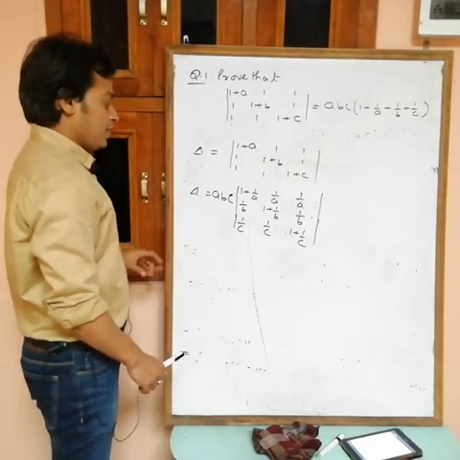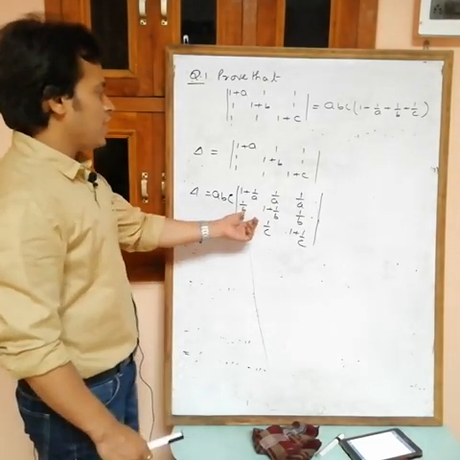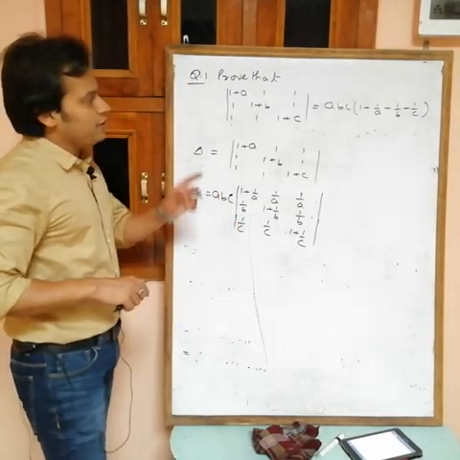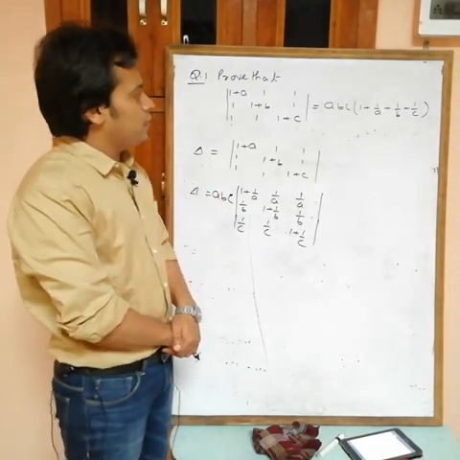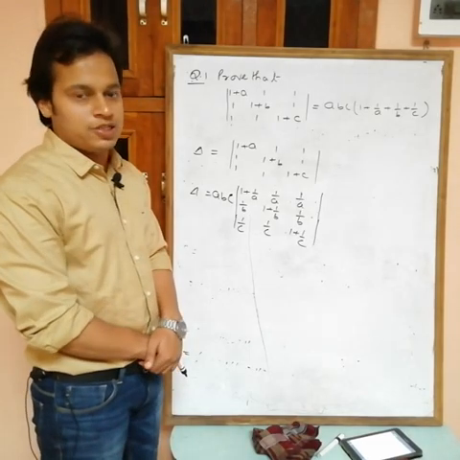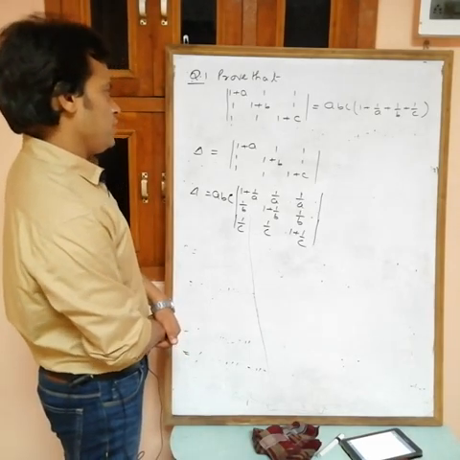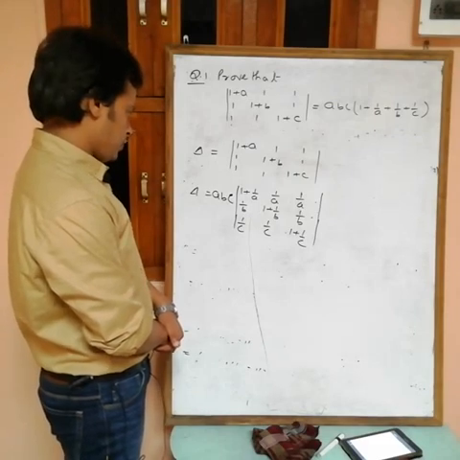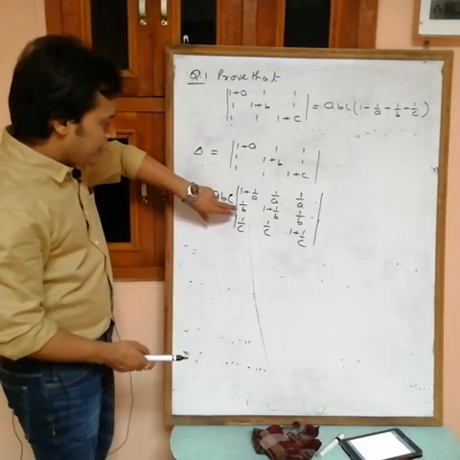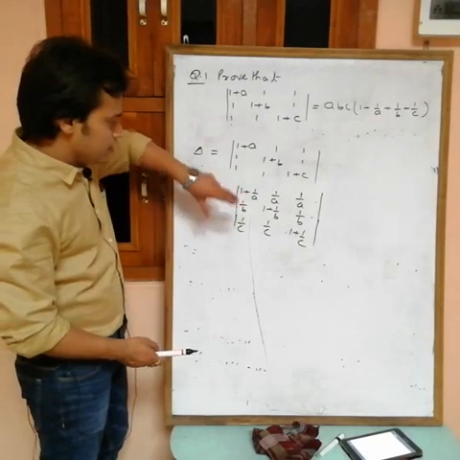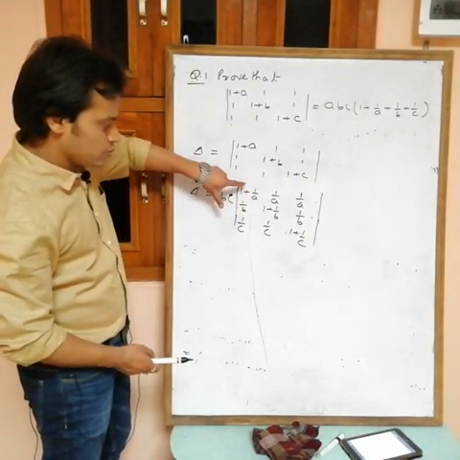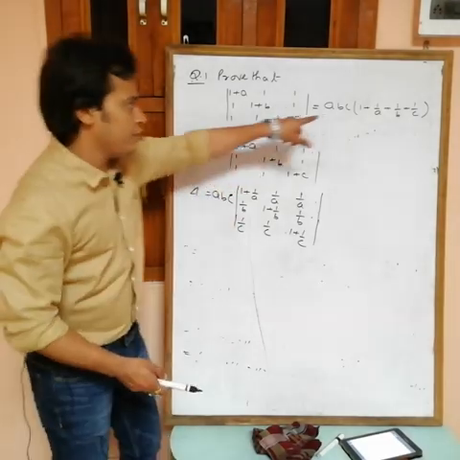Okay, now see, here we have abc, and these are also in terms of 1 by a, 1 by b, 1 by c. Now one minute, we want a factor as 1 plus 1 by a plus 1 by b plus 1 by c. Can you take common 1 plus 1 by a plus 1 by b plus 1 by c? Okay, one minute. If I add this one and this one, then see 1 plus 1 by a plus 1 by b plus 1 by c, we are getting this one now.